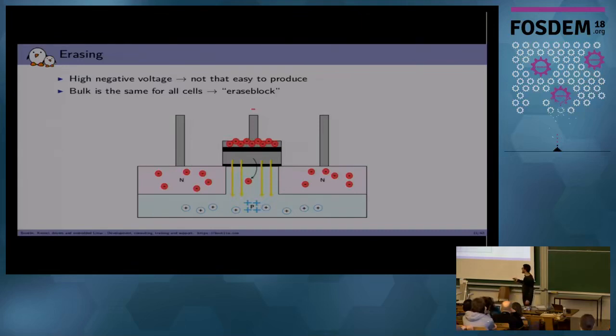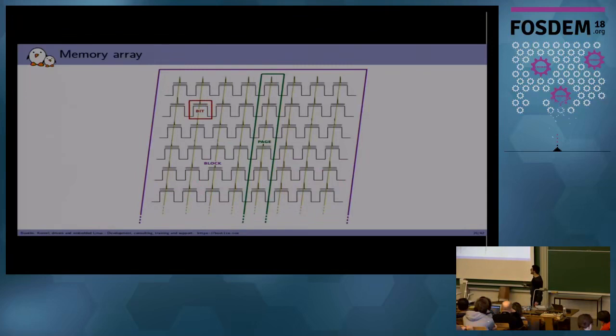That has the exact same effect of attracting electrons out of the floating gate. One difference, a big difference: the bulk is shared across all the cells in one block. So when you want to erase a cell, you actually have to erase the whole block. And that's why we call it flash memory, because it's highly parallelized.